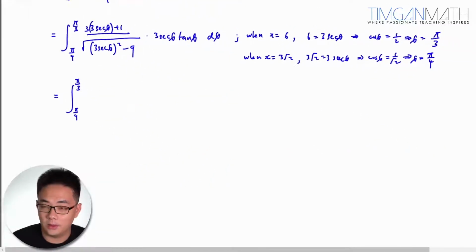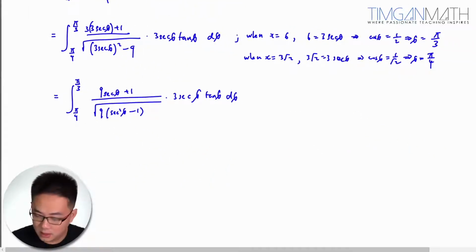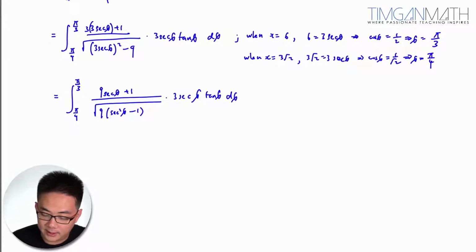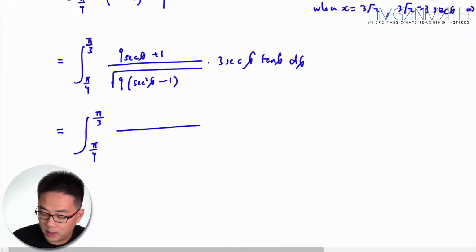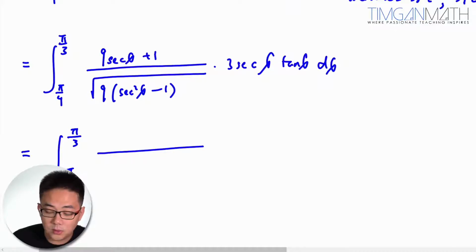Now we're going to proceed to integrate this. There are only 8 integrable forms in your A-level syllabus, so your whole goal here is to change it to the integrable form.